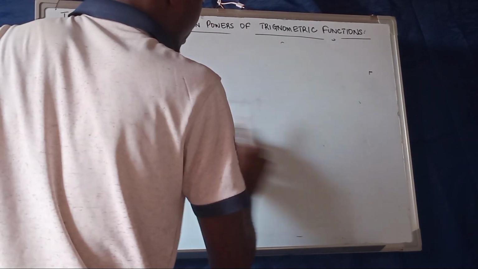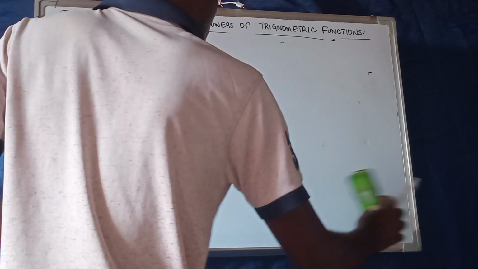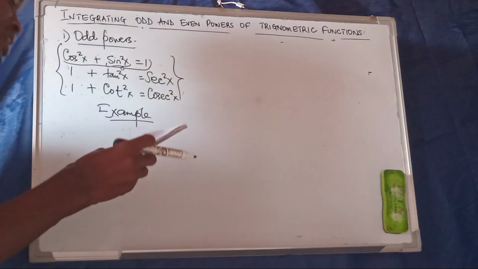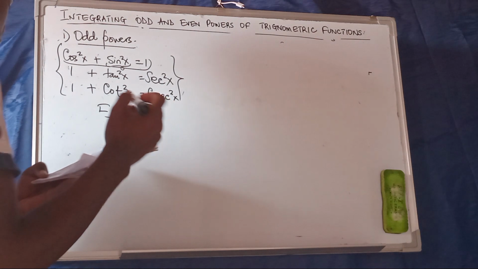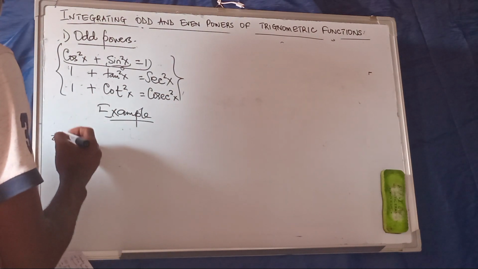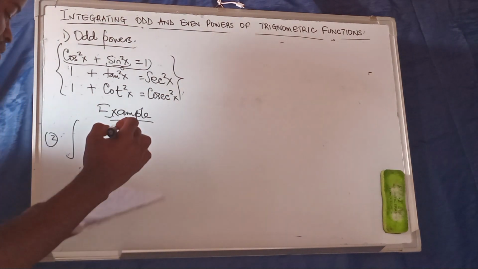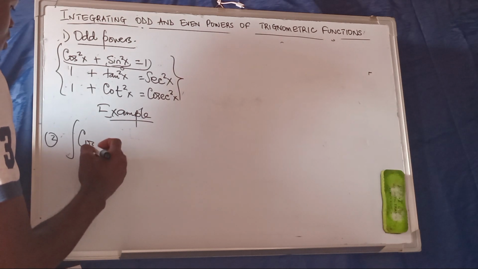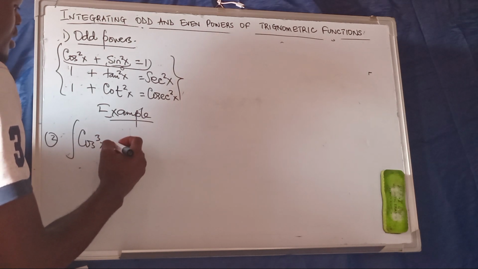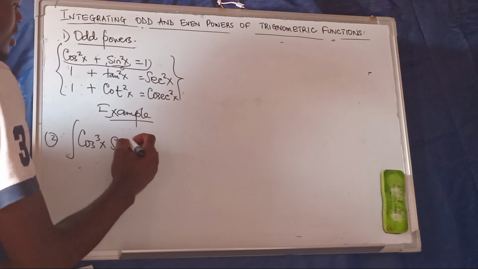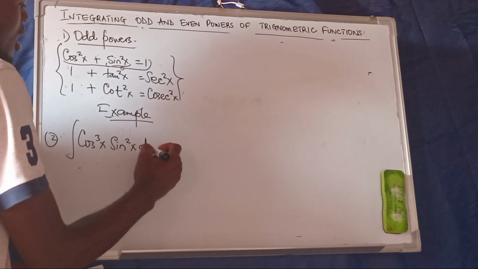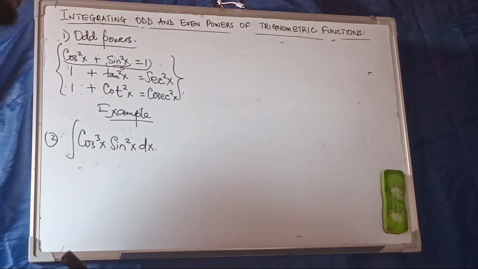So for example, I can give another example. Let's say example 2, we have the integral of cos power 3x times sine squared x dx.